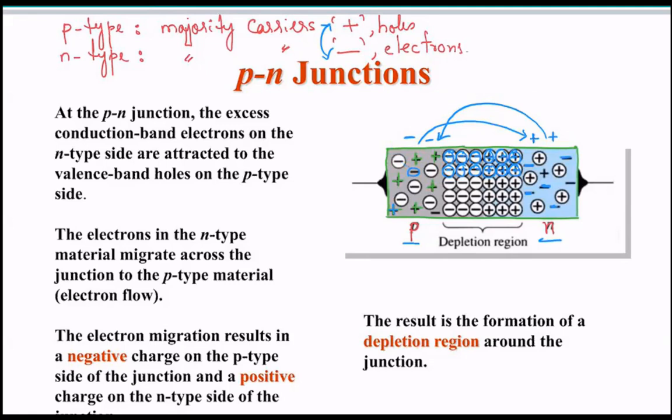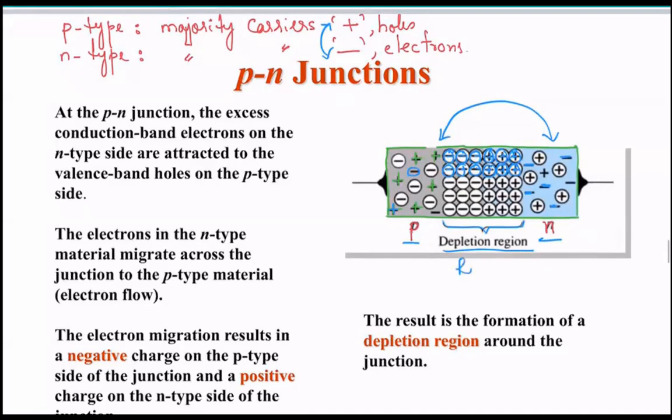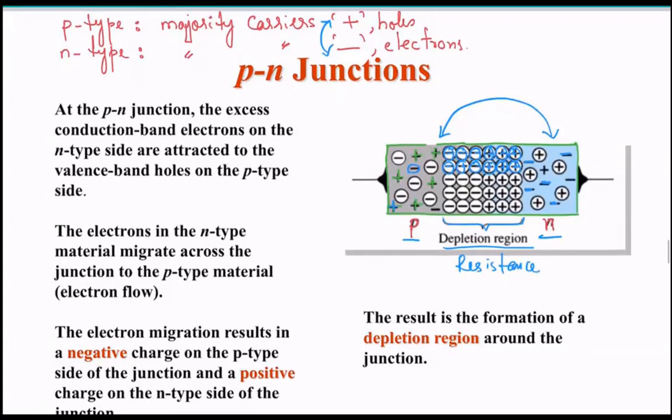So what is happening is when these electrons migrate from one material to another material, they make this depletion region right here. You think of it as a resistance. When this depletion region broadens up, so right now it's pretty big, when the resistance increases, will the current flow?